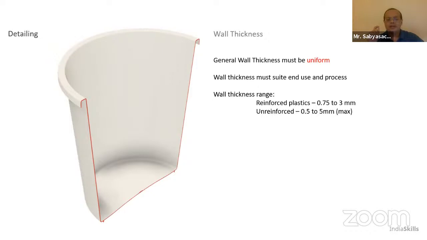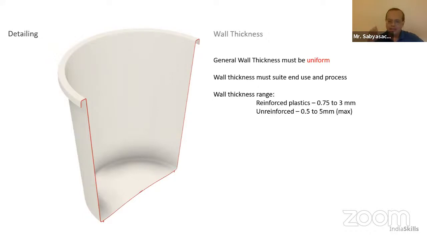How much wall thickness should be adequate for a product that I have designed? I can give you some examples. Look at this bucket. It has got a wall thickness of about 1.5 to about 1.8 maximum, not more than that. So you don't really require a lot of thickness.